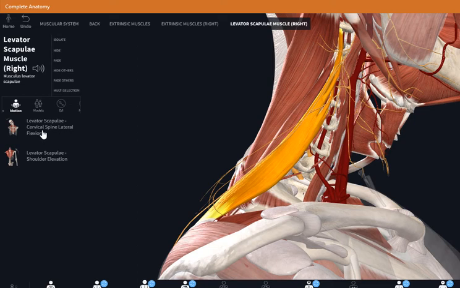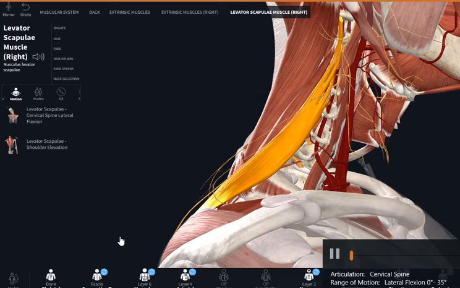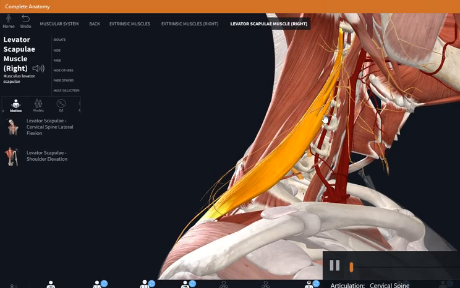Now the question is, why does it do a spine lateral flexion? It does a spine lateral flexion because of Newton's third law of motion. We initially said that Newton's third law of motion states that for any action force there is an equal but opposite reaction force. There can be an action force on the neck and an equal but opposite reaction force on the scapula.